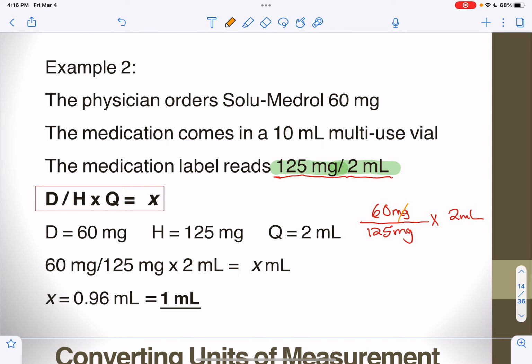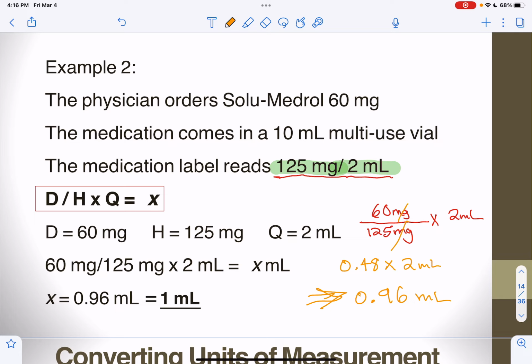And again, these cancel each other, and we do our work left to right. So 60 divided by 125 is 0.48. And now we're going to multiply that by 2 milliliters. Okay, and so we have 0.96 milliliters.